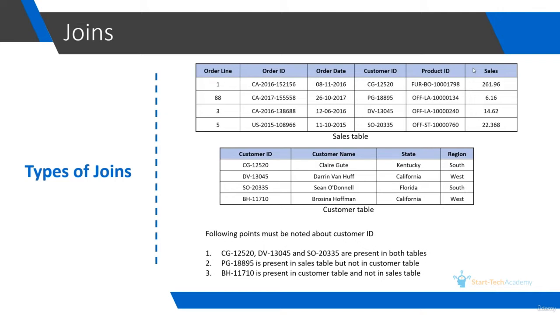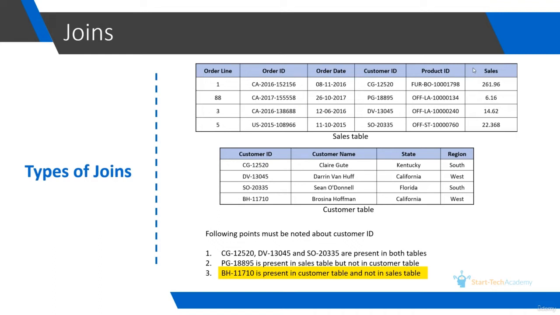We see that these customer IDs, CG12520, DV13045 and SO20335, these three customer IDs are present in both the tables. This customer ID PG18895 is present only in the sales table and it is not present in the customer table, and this ID BH11710 is present in the customer table but not in the sales table.